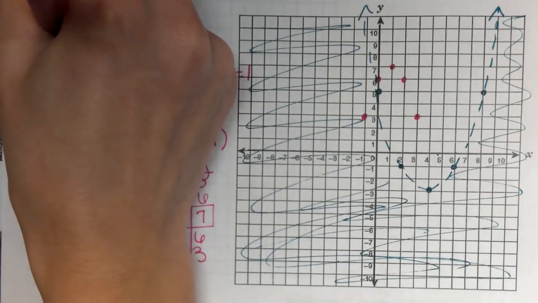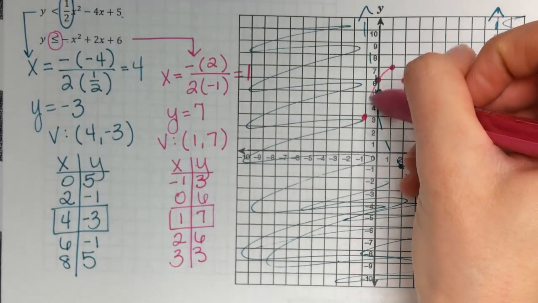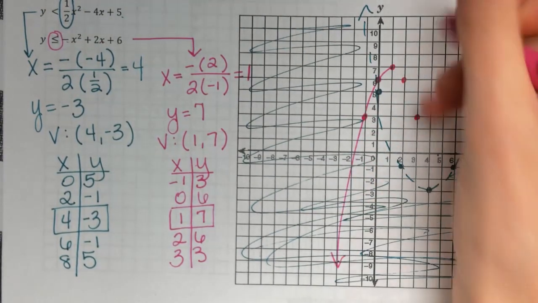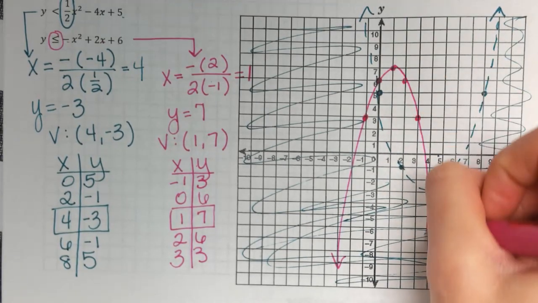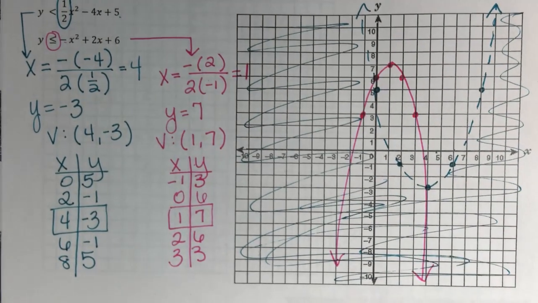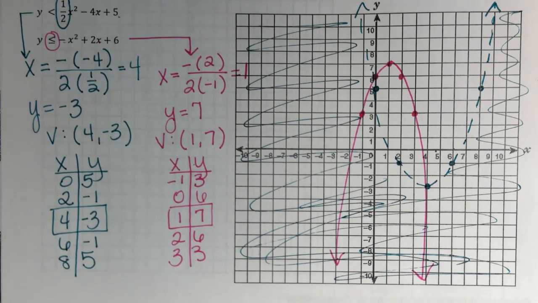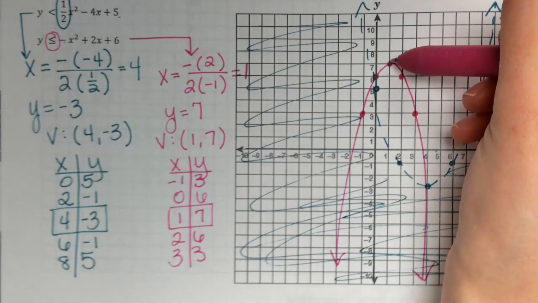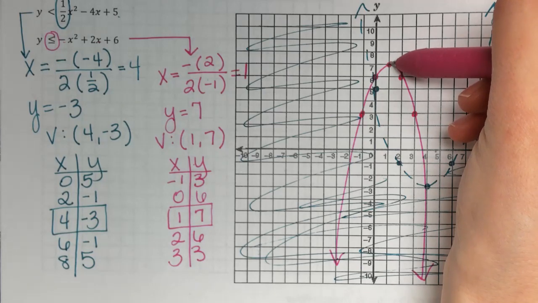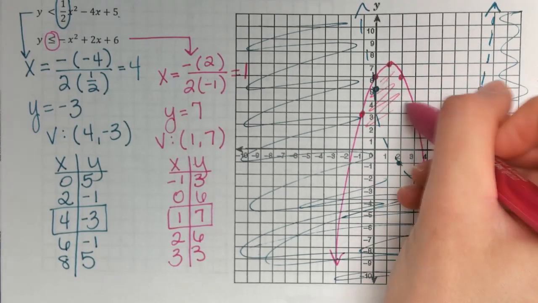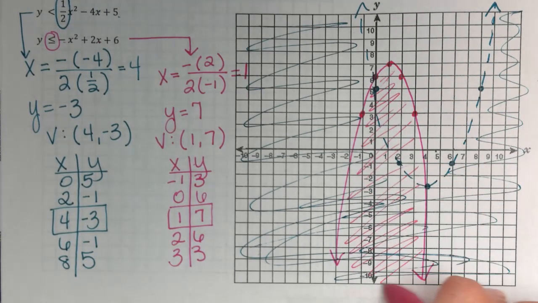This time my inequality is less than or equal to, so I'm going to have a solid boundary. It's less than, so from my vertex I go down, and I'm shading inside that parabola.